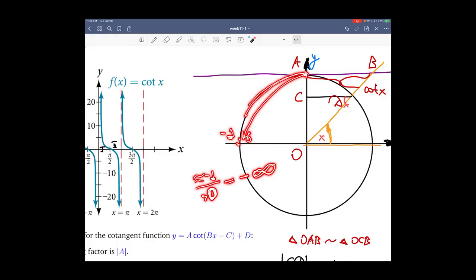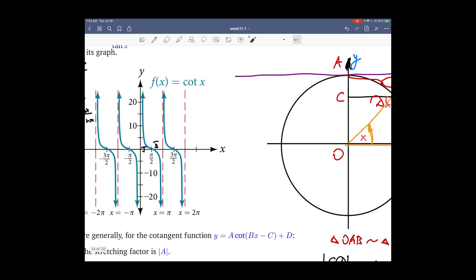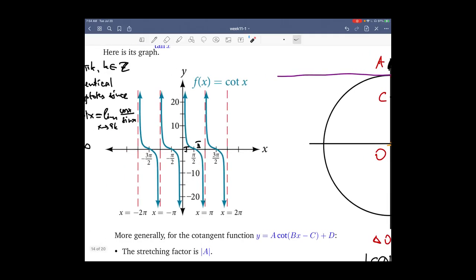So to the left of pi, a little short of pi, the behavior of cotangent will be negatively infinite. That's what we see in the picture. And accordingly, we extend cotangent by periodicity using the fact that cotangent is pi periodic.